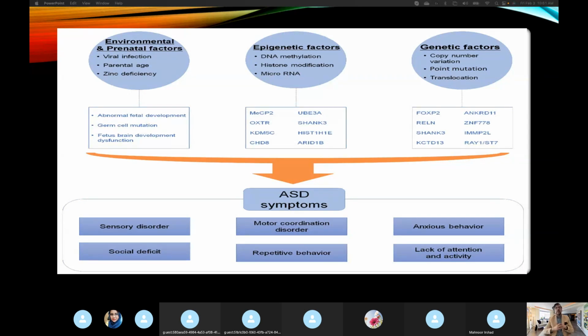Then there are epigenetic factors, DNA methylation, histone modification, and microRNA, which lead to all these chemical processes leading to ASD symptoms. And then genetic factors, of course, chromosomal abnormalities, point mutations, translocations, and copy variants, which can lead to some other chemical processes in the brain, leading to ASD symptoms. All of these are related to, again, neurochemical and neuroconnectivity of the brain.